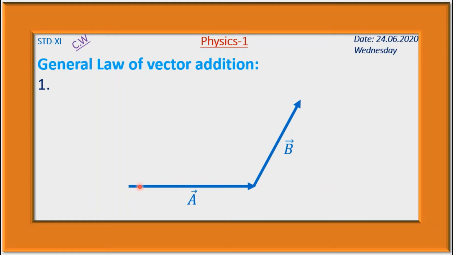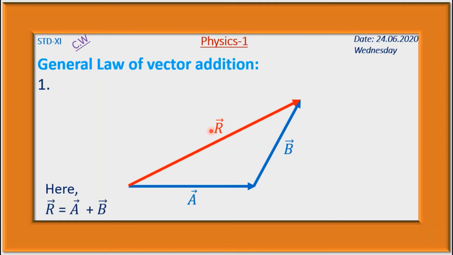Now we will connect the tail of the first vector with the head of the second vector, and this is the resultant of these two vectors A and B. That is, now R is equal to A plus B.